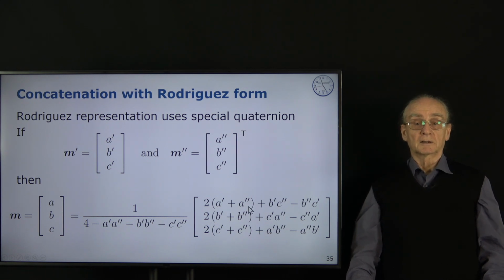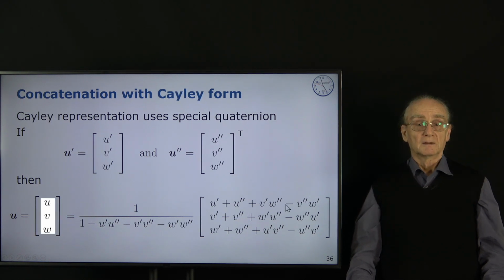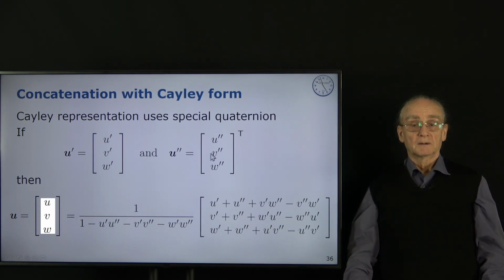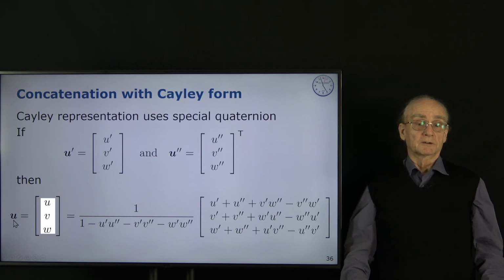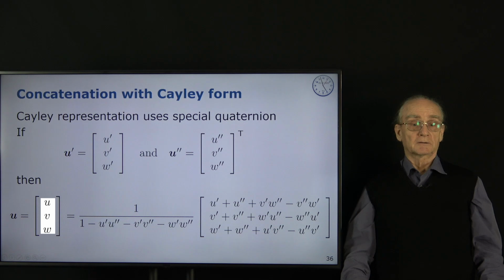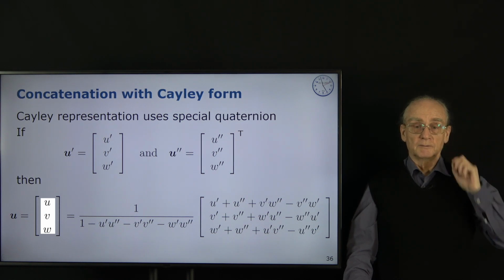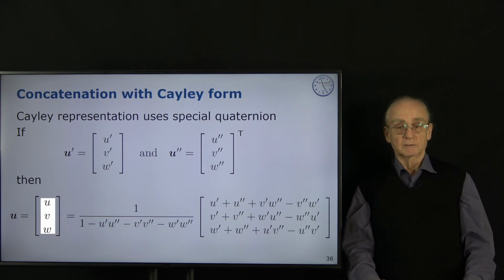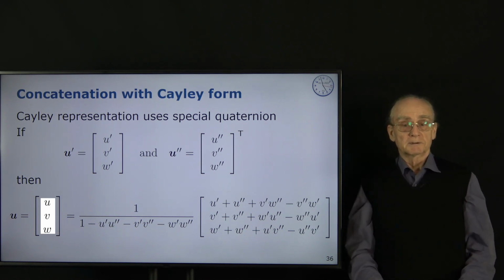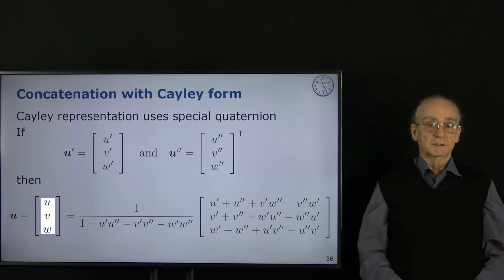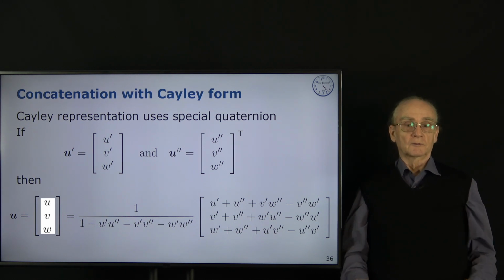So the sum of the elements A, B, C, and there is a cross product, obviously. And the same for the Cayley form. So we have here u prime and u double prime with the corresponding elements. Again, this t should not be there. And we get the parameter vector u of the combined rotation of the Cayley representation ABC in this form. So this is very simple to derive from the previous one and shows that there is a simple concatenation rule for representations of rotations with quaternions or in the special form of Rodriguez and Cayley.